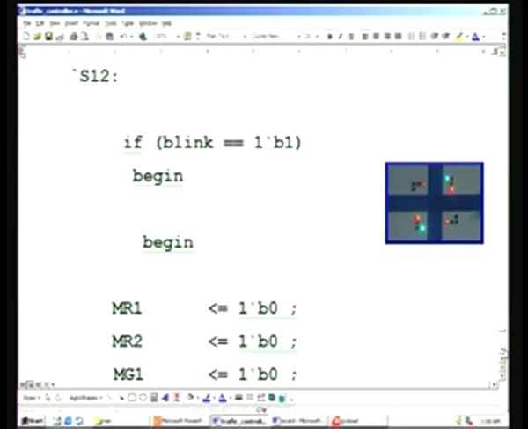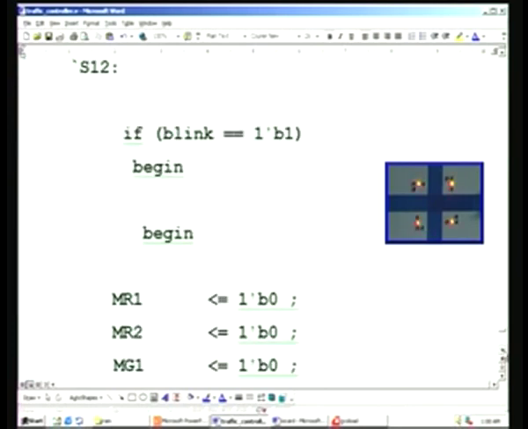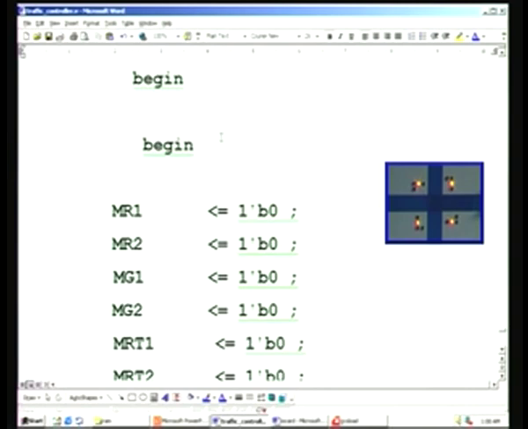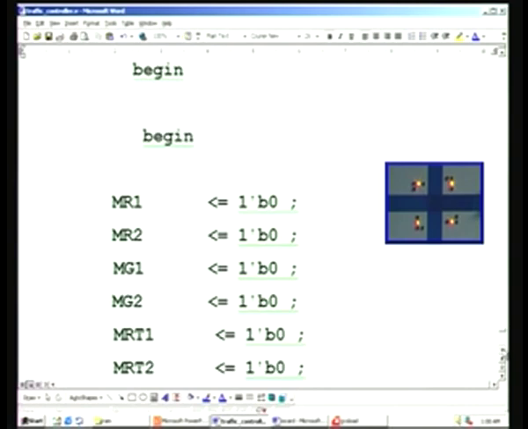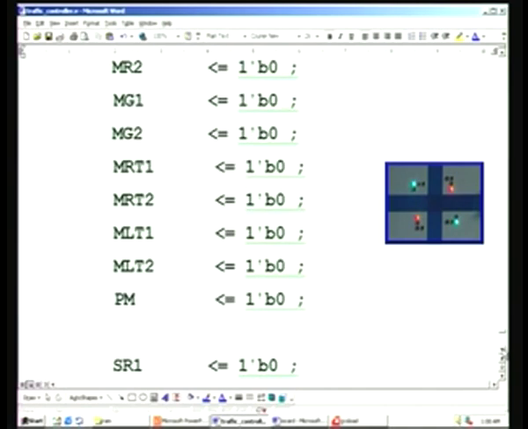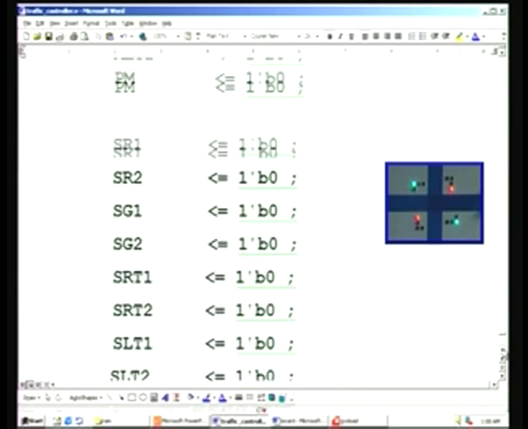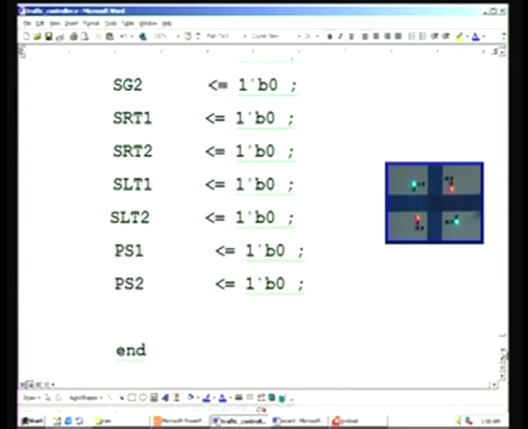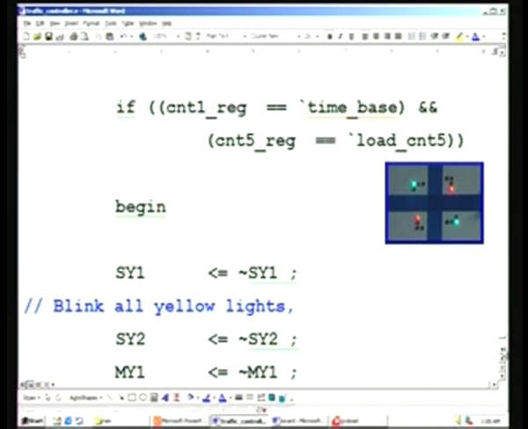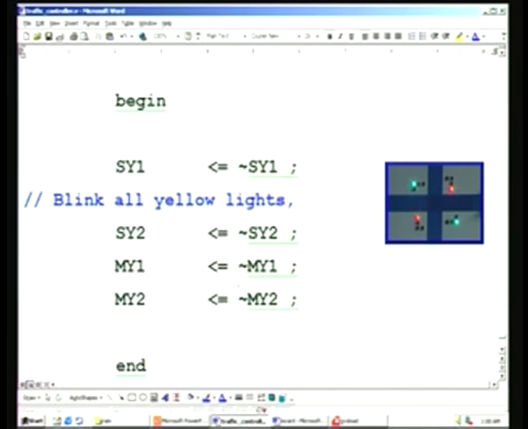This S12 is the blink state, and we check the blink also here, and we switch off all lamps except for the yellow lights which is going to blink, and that is covered only here. So this is precisely same as we had S8 state earlier in the earlier design, and this is also exactly the same thing.